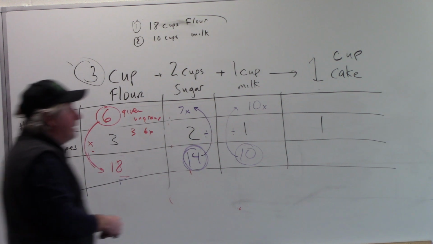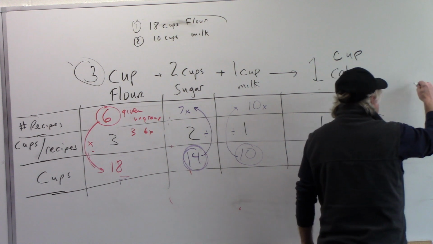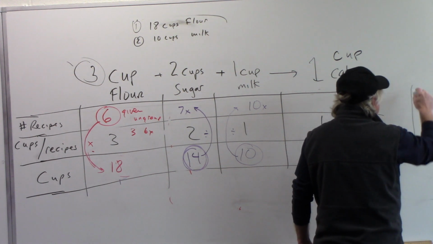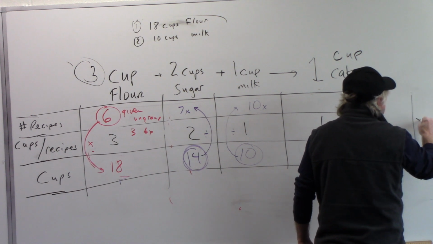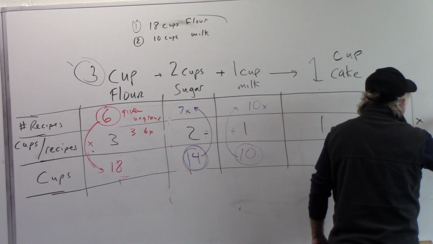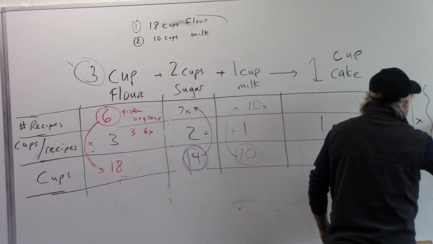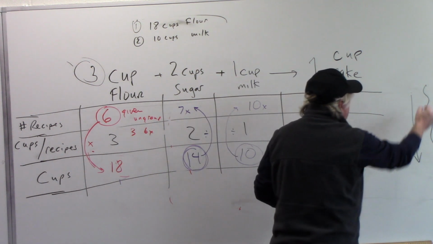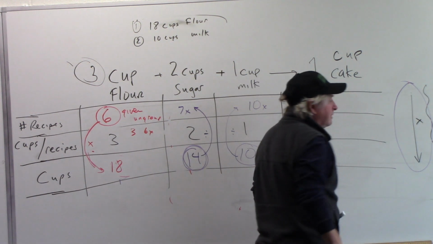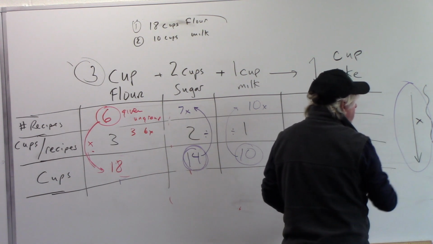So the overall scheme is that when you go down the table, you're letting out, the numbers get bigger, you're multiplying.